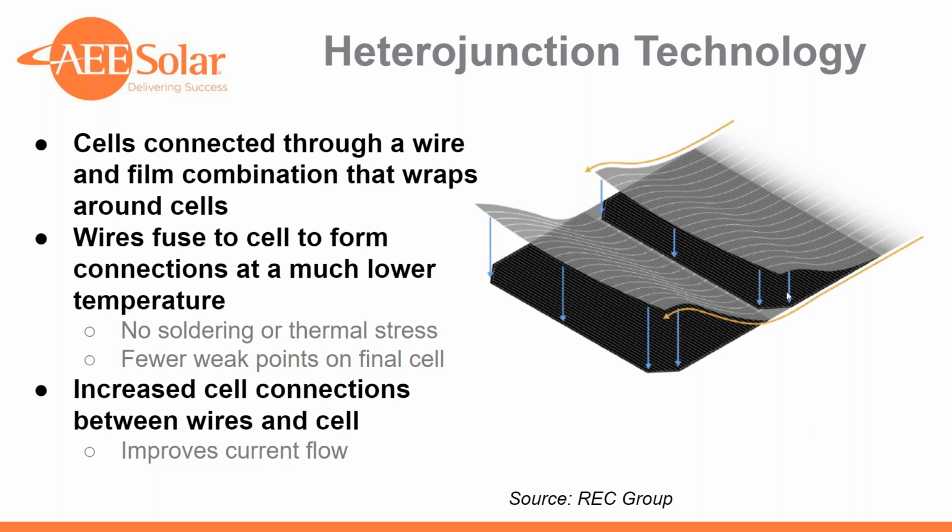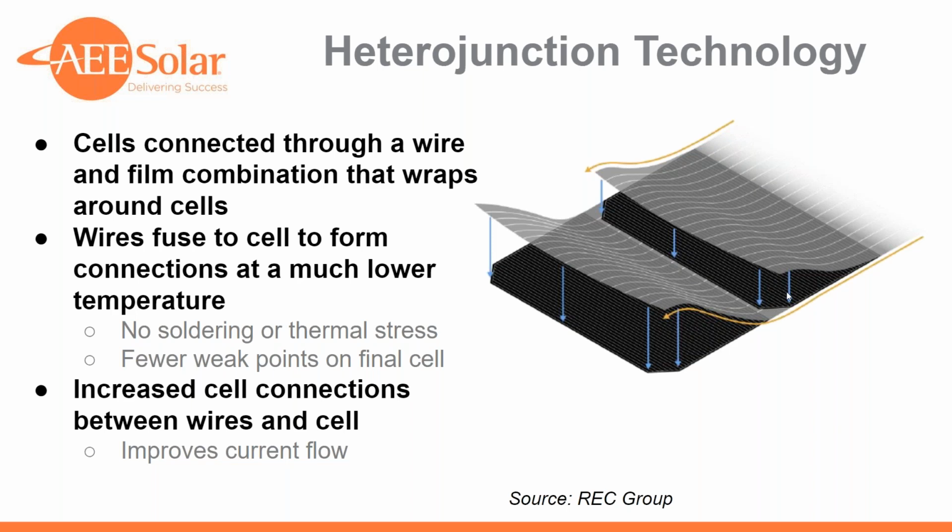Greatly reduces the prevalence of hot spots on the cell, and you reduce the likelihood of there being weak points on that cell. And I don't have any good ultraviolet or thermal testing on these. That would be interesting to see, and I would imagine that you'd see some remarkable improvements from this technology.